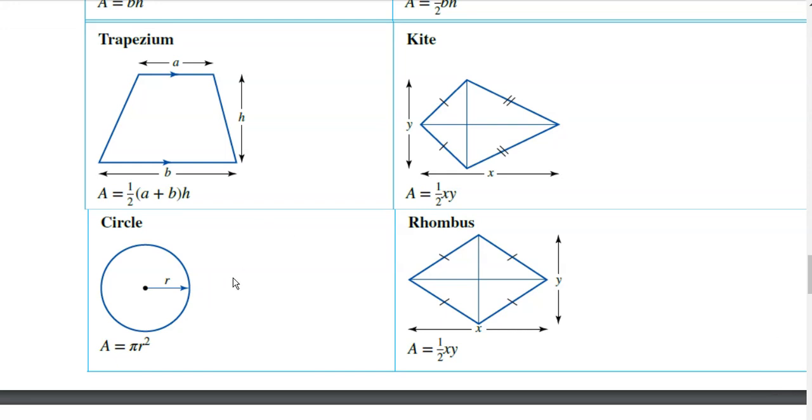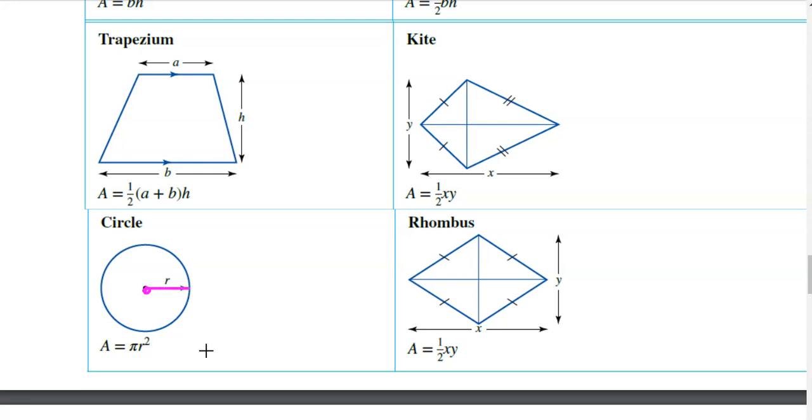So finally, let's now look at the circle, which is perhaps the most important. Squares and rectangles as well, for us I mean in Year 7, okay? Now we all know what a circle is. Every single point around this circle here is the same distance away from the center of the circle, this point here, and the line from the center of the circle to anywhere on the edge, a straight line, is called the radius, all right?